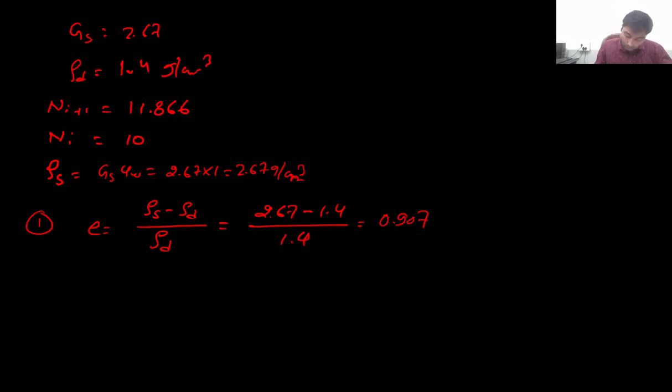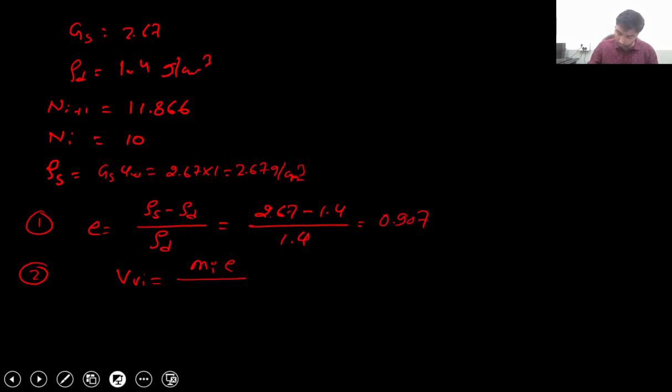Then we move on to the second term which we need to determine, that is Vvi. Looking at the formulation, it is mass fraction into void ratio divided by the density of soil solids. For that, we need to determine Mi.